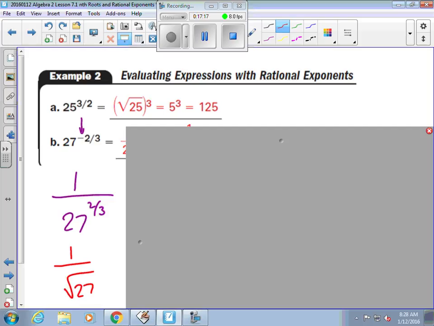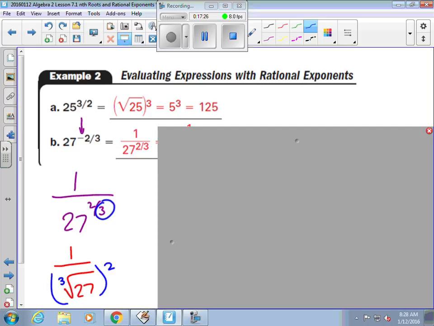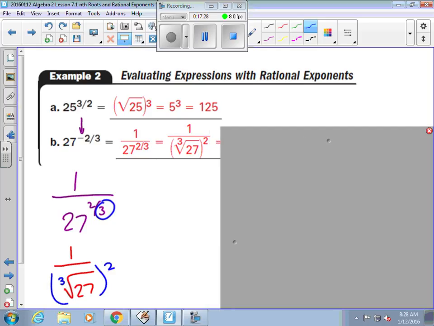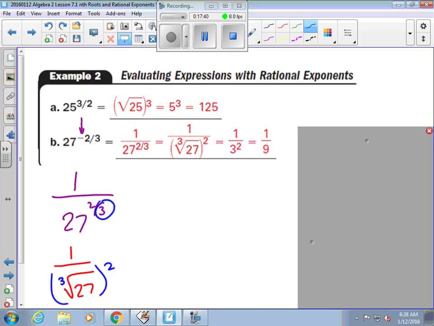This is the index, so it's the 3rd root of 27, and the 2 is what you raise it to after the fact. So it looks like this: 1 over the cube root of 27 squared. The cube root of 27: 3 times 3 is 9, times 3 more is 27. So it's 1 over 3 squared, which is 1 over 9.